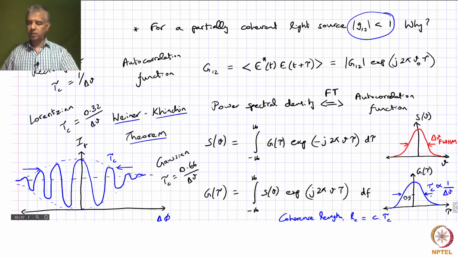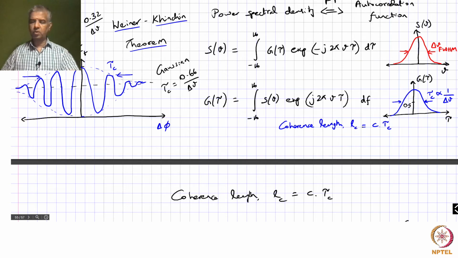And what that means is the interference is valid only for certain values of phase delay, which can also be represented in terms of the coherence length. So the coherence length is c, the velocity of light in free space, multiplied by the coherence time.